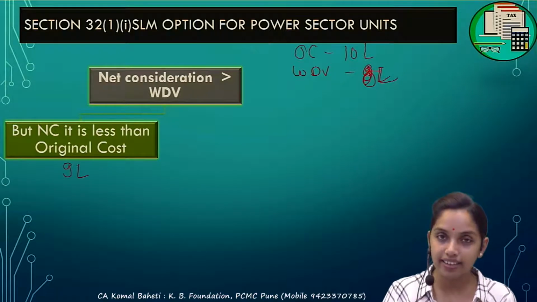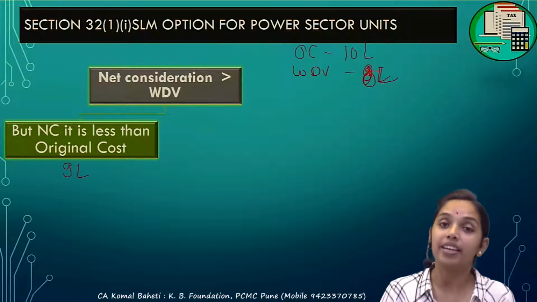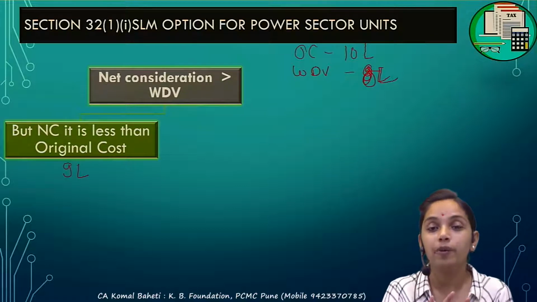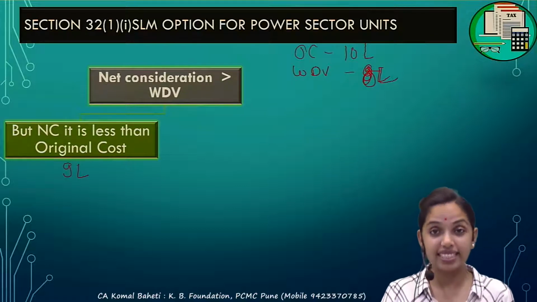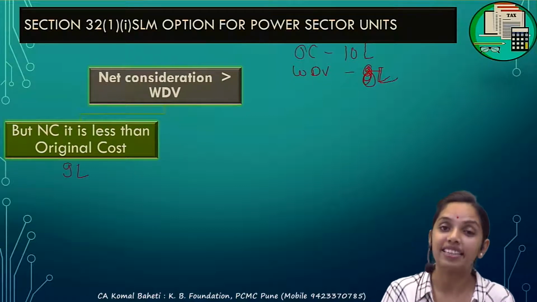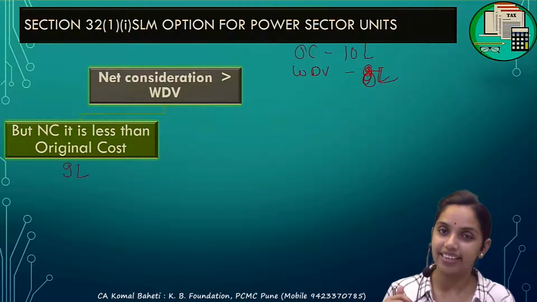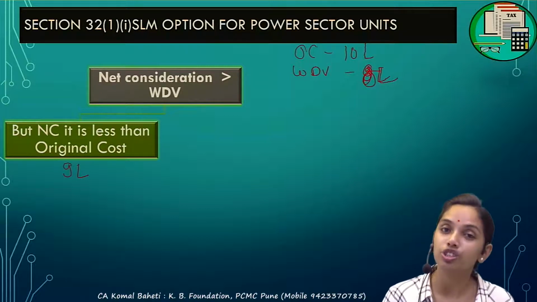In simple terms, if the net consideration is higher than the WDV but lower than the original cost, correct, then there would be no capital gain. Correct? But if it exceeds the actual cost or the original cost of the asset, your net sale consideration, then there would be a capital gain, until unless there would be no capital gain. So in this case, there is no question of capital gain.